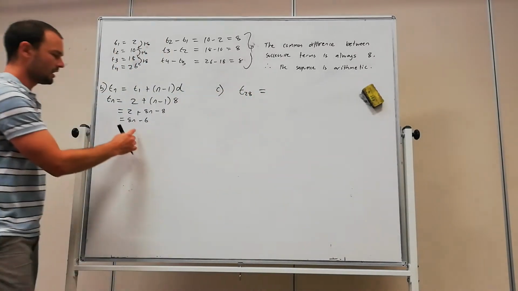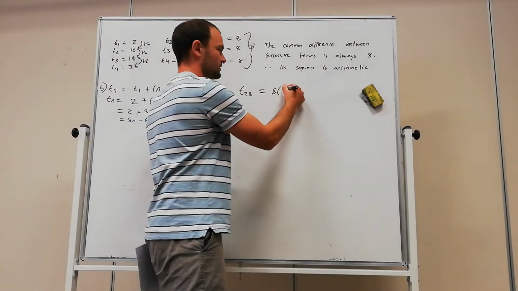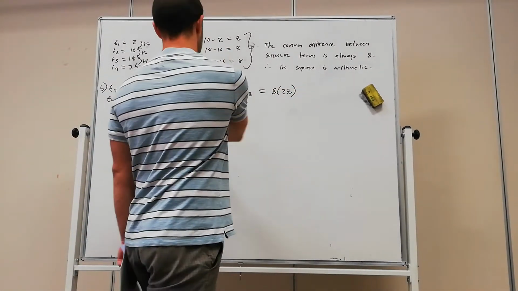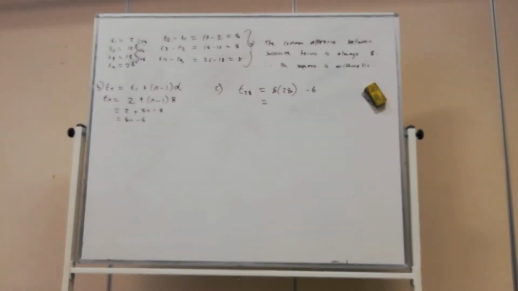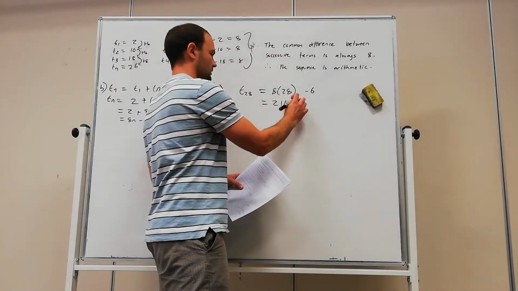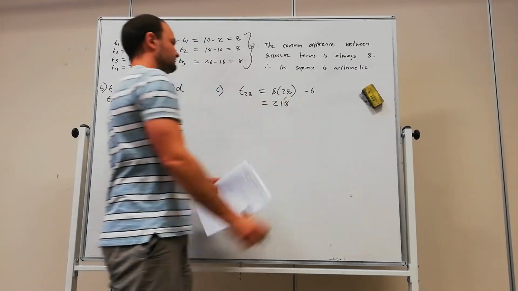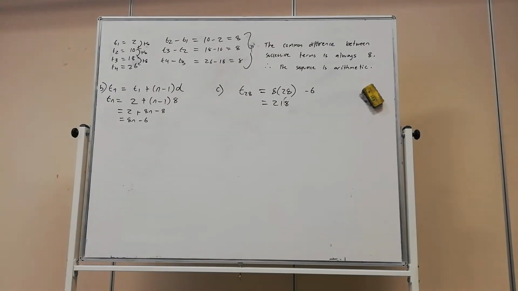T28 is equal to 8 times n, and we know n is 28, and then take away 6. 8 times 28, take away 6, 280. So the 28th term of this sequence will be 218.